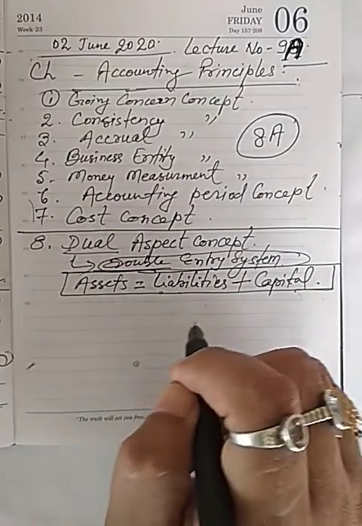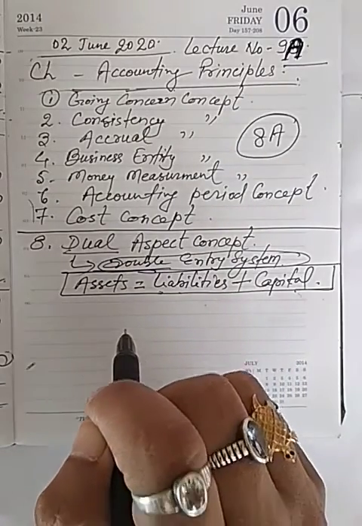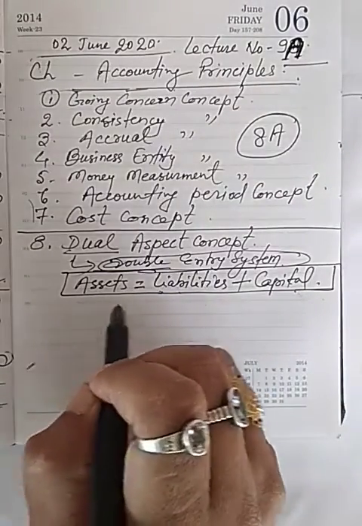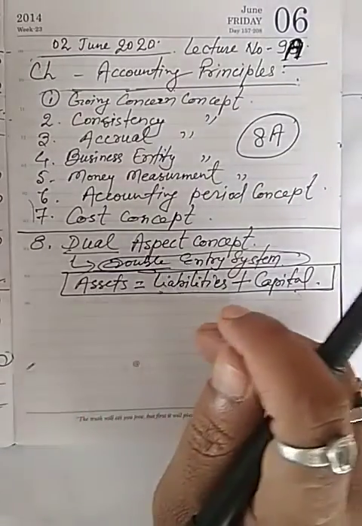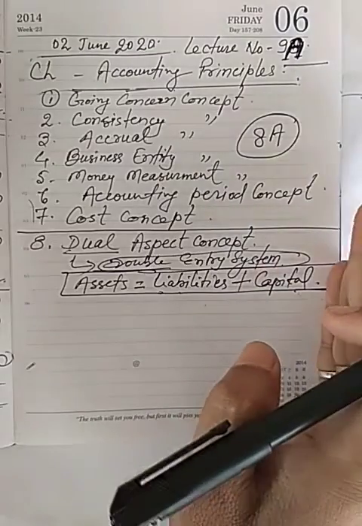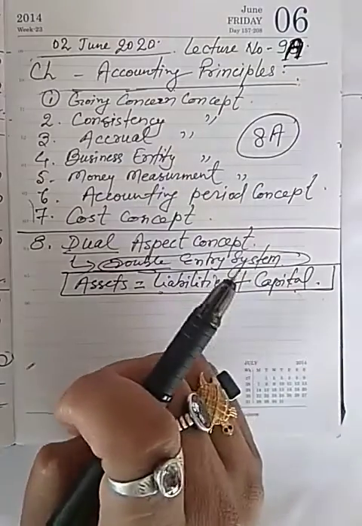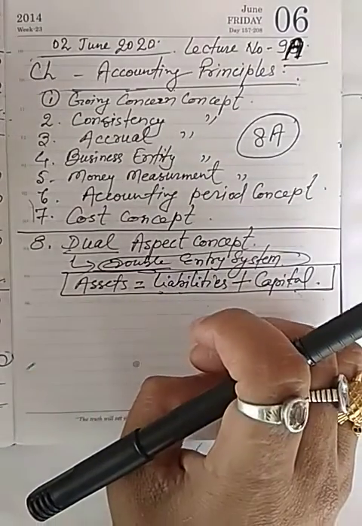If a transaction affects one side of the equation, it will also affect the other side of the equation, increase or decrease.